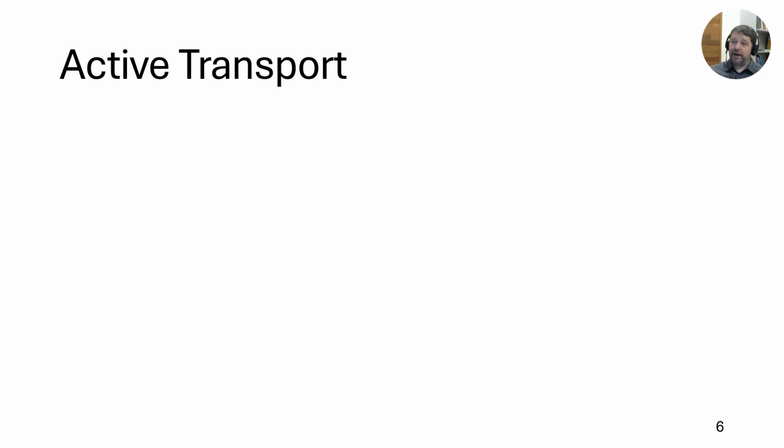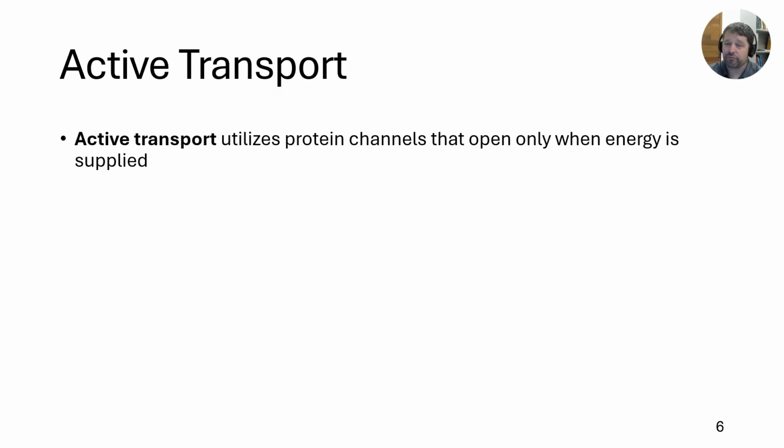A lot of that so far is what we call passive transport. Passive transport just means that it occurs without energy. Active transport, on the other hand, means that you have to supply, in most cases, ATP in order for that to occur. This can happen with those protein channels that we talked about before, where you have proteins embedded in the cell membrane, allowing different things to go in and out of the cell.